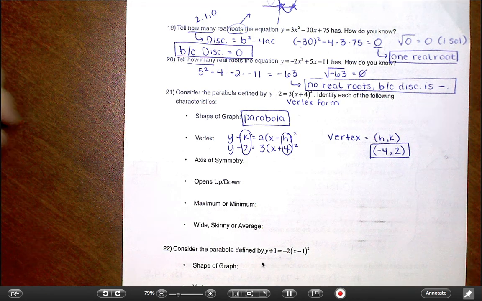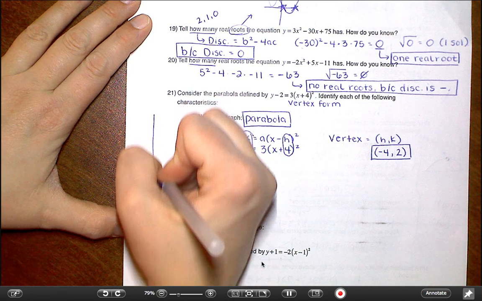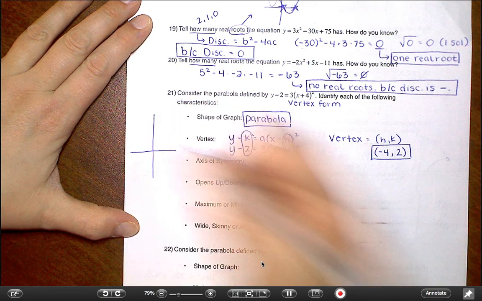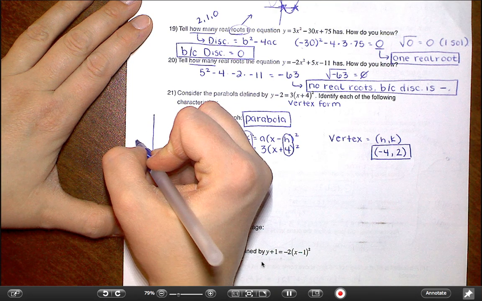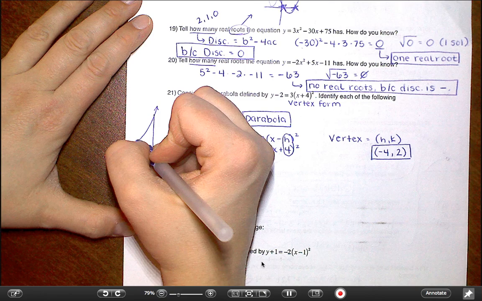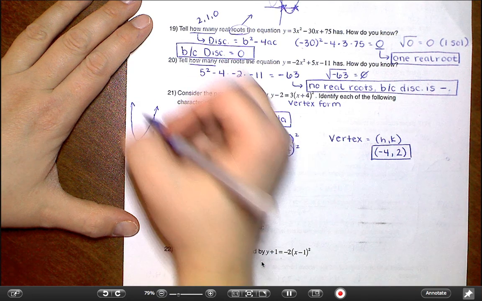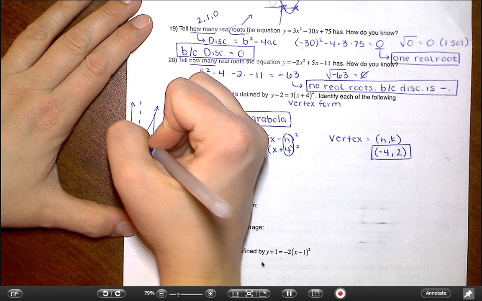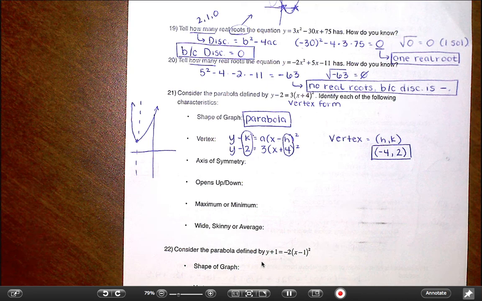Okay, axis of symmetry. If this is my parabola, let's see, I know it's going to be at negative 4, comma 2. If this is my parabola like this, and I don't know if this is actually what it looks like, my axis of symmetry is this vertical line that runs up and down through the middle of the parabola, okay?